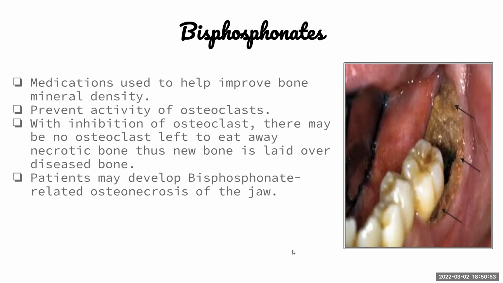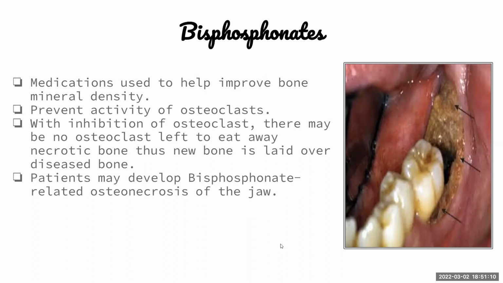So with the inhibition of osteoclasts, there may be no osteoclasts left to eat away the necrotic bone. So new bone is laid over the diseased bone, and it's called bisphosphonate-related osteonecrosis of the jaw.